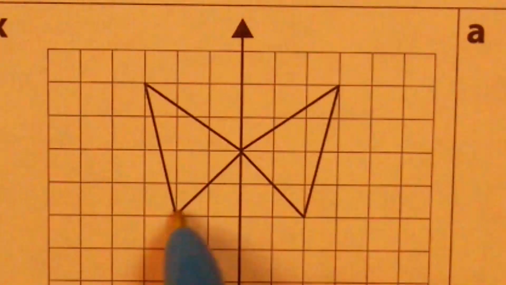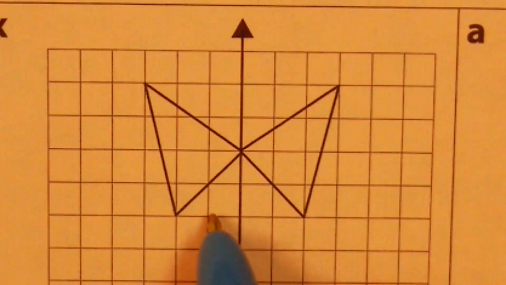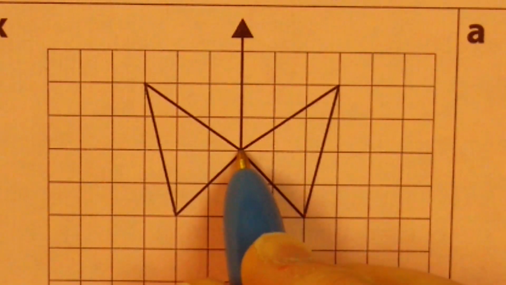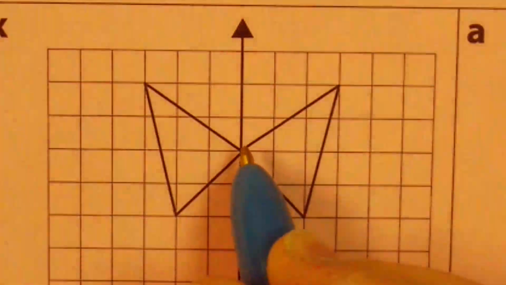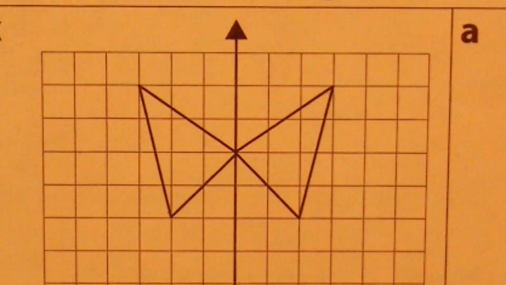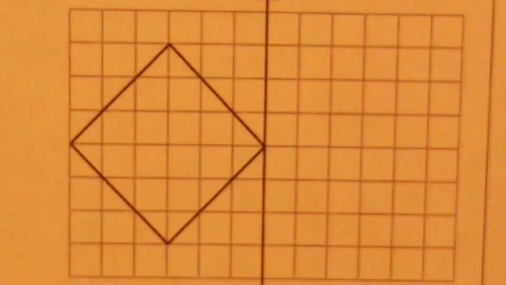Same for this point down here, down 2, out 2, and then you do it on the other side, down 2, out 2, and then when you take your ruler and connect all the dots, you have that perfect mirror image. You have that symmetry.